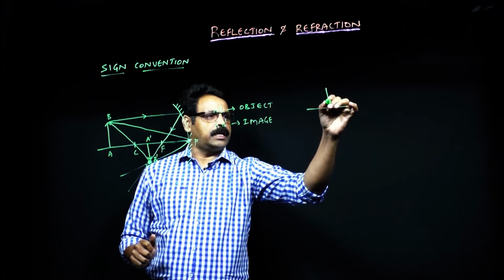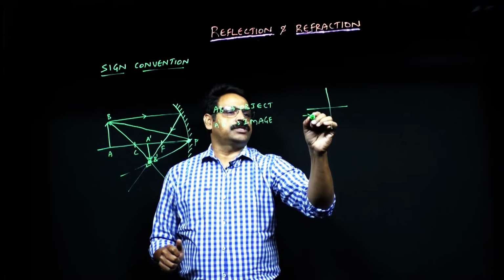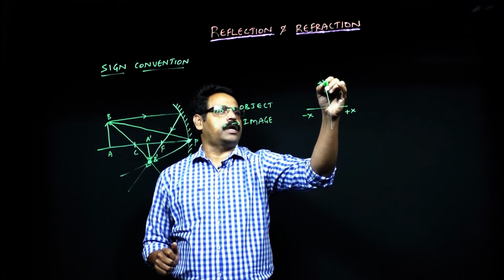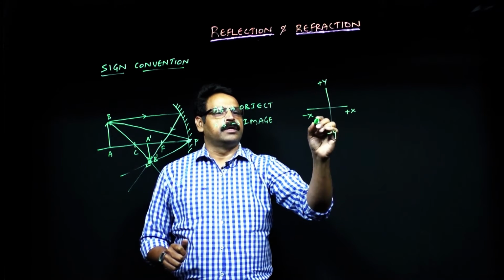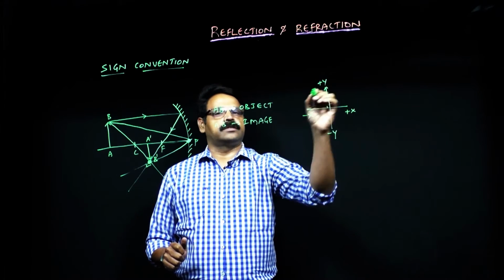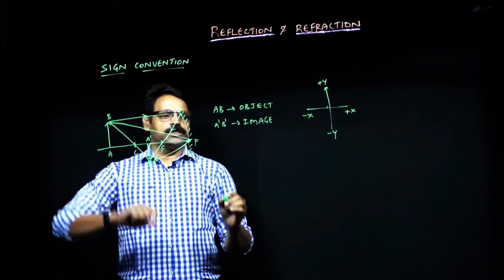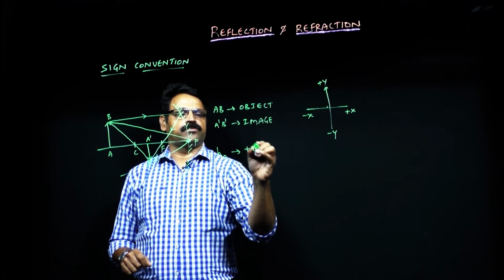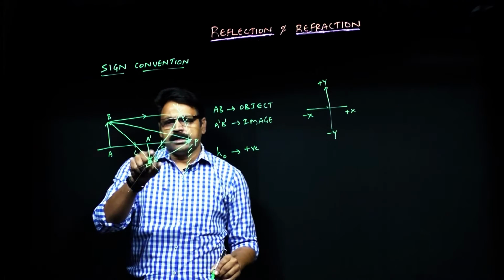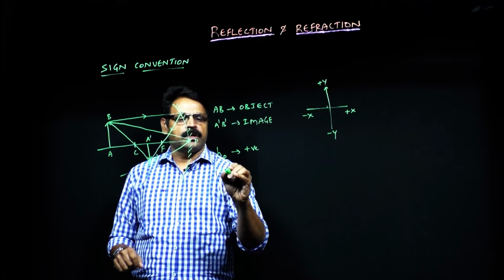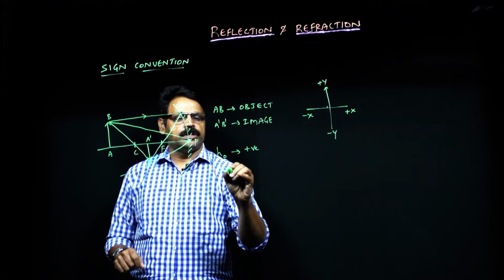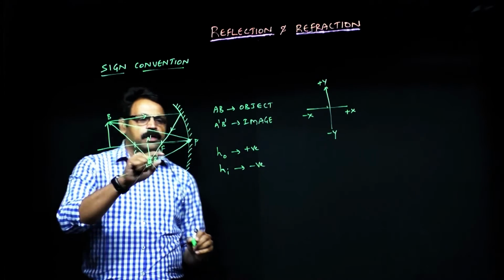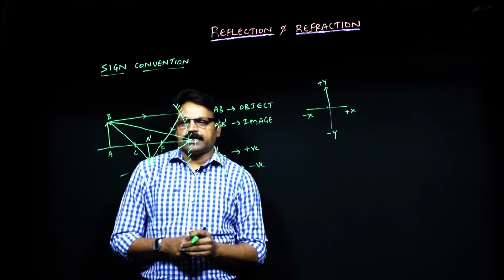So if you look at the coordinate system, this is plus x, this is plus y, this is minus y. Since it is along the plus y axis, AB is positive. So the height of the object you have to take as positive. Next, the height of the image you have to take as negative, because it is on the negative y-axis.